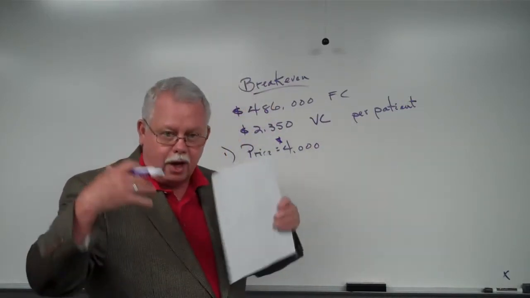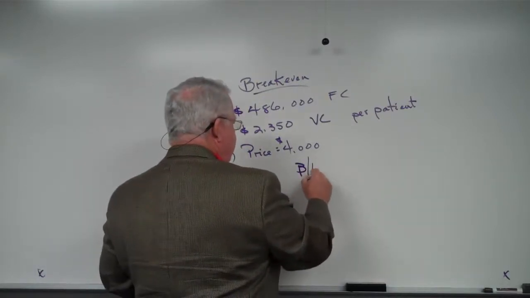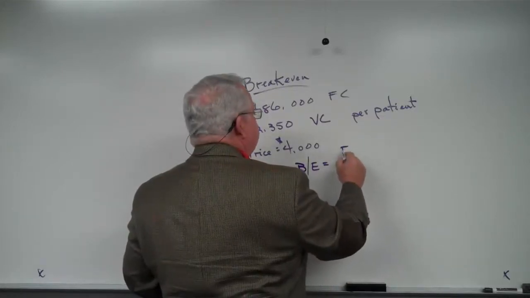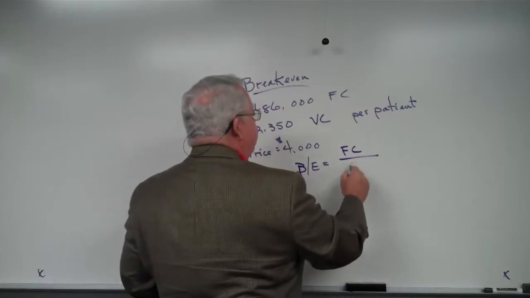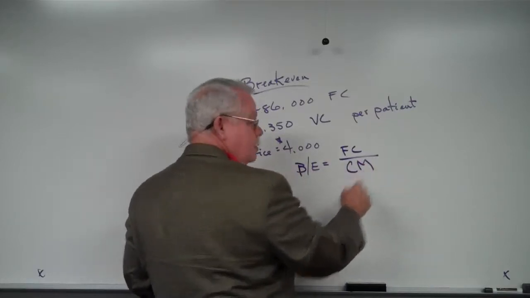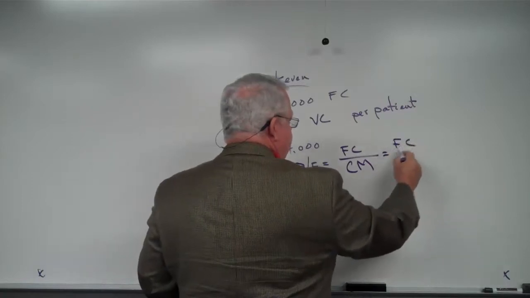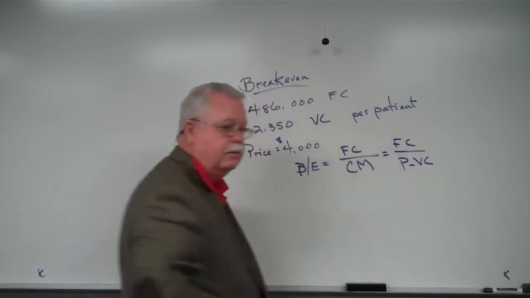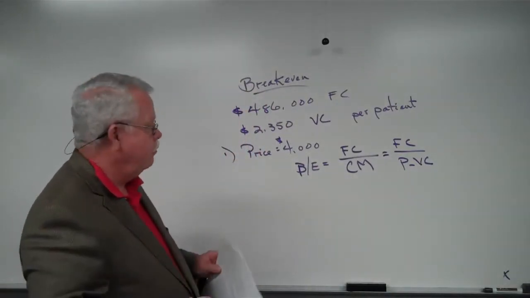And so the concrete solution: break-even is equal to your fixed costs divided by your contribution margin. The contribution margin is the price minus the variable cost per customer. Now think of it this way, if you will.